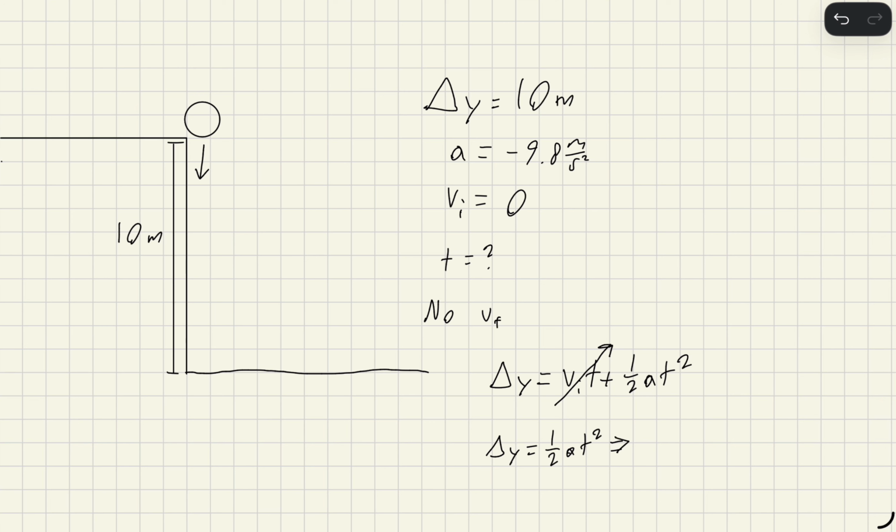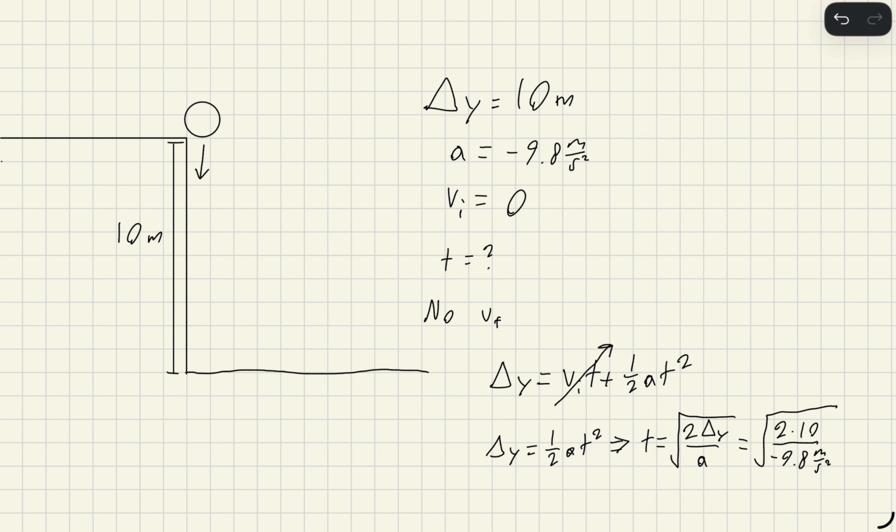We can rearrange this to solve for t, and you find that t is equal to the square root of 2 times the change in y divided by acceleration. So this is the square root of 2 times 10 divided by negative 9.8 meters per second squared.